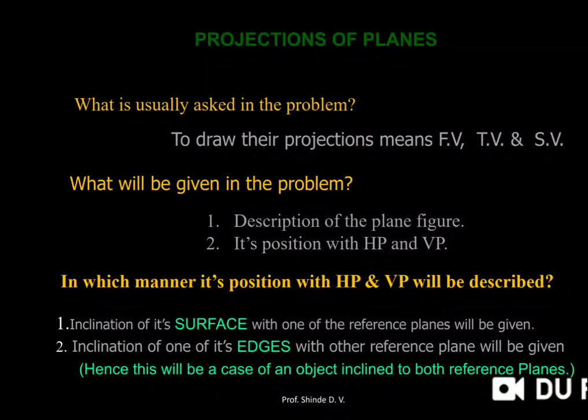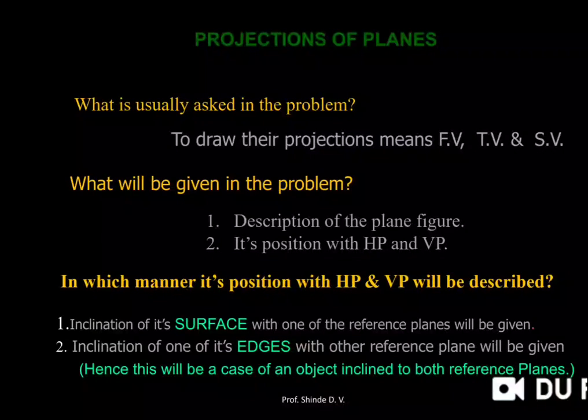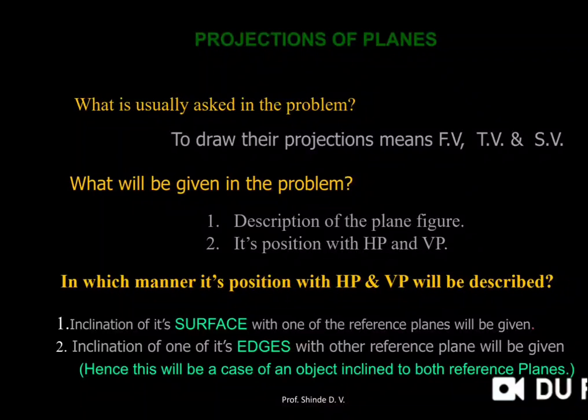And again, they will give its position with HP and VP, which means the surface of the plate is inclined to HP or VP. In which manner will its position with HP and VP be described? The inclination of its surface with one of the reference planes, that is, the horizontal plane or vertical plane, will be given.